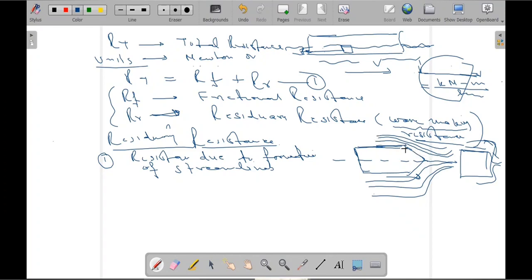So this will depend upon how the vessel is profiled, correct? But as I said, just two examples we have seen. One is like this, one is a flat front. Here there is residuary resistance, because energy is required from the vessel to create this, and that is why we call it resistance due to formation of the streamlines around the vessel. This is one component of the residuary resistance.